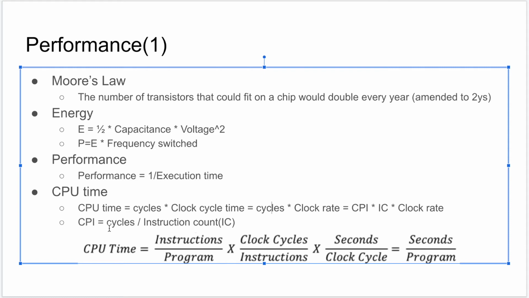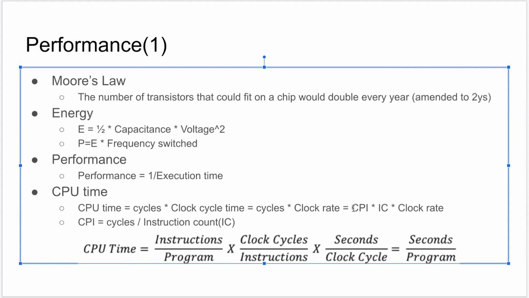In this case, the execution time will be CPU time. Here are some formulas related to CPU time. The CPU time is cycles times clock cycle time. Usually the clock cycle time is 1 over clock rate, so CPU time is cycles over clock rate.